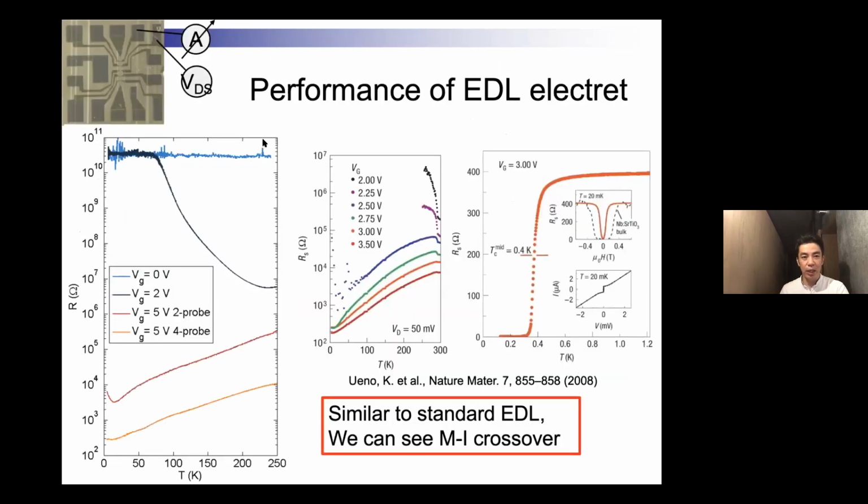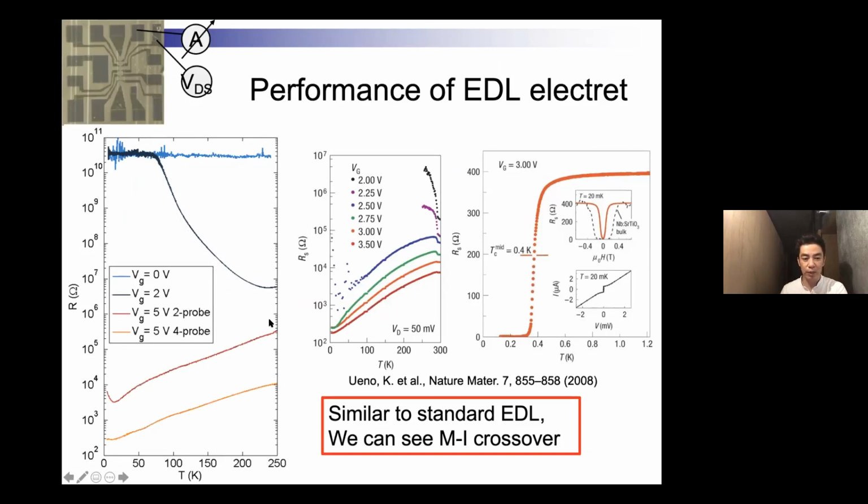And also, using this electrode, we can see similar behavior like the standard electric W. For example, this is the result using the electric W electrode. If you don't apply the gate voltage, it shows insulating behavior.